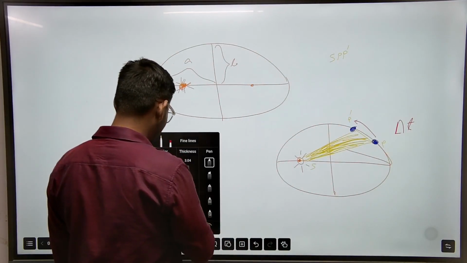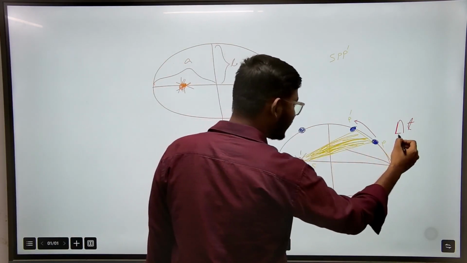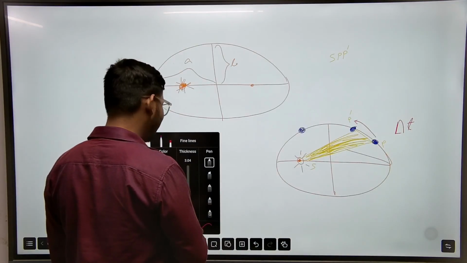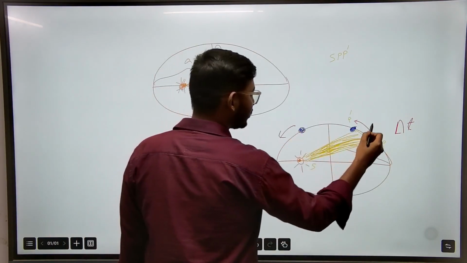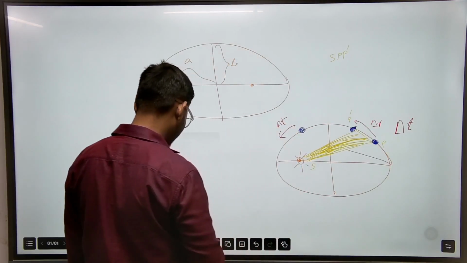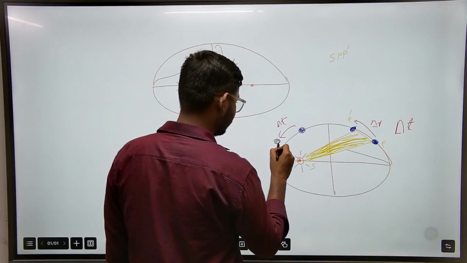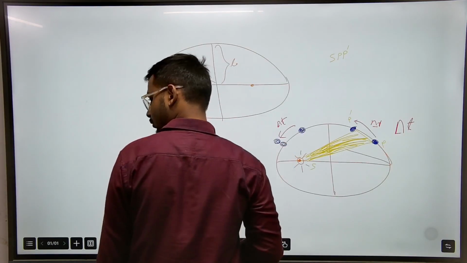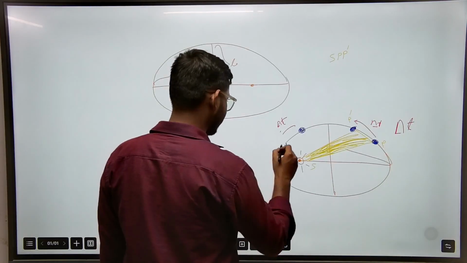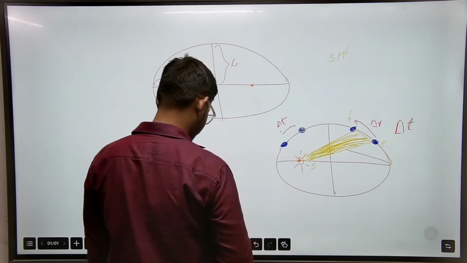Secondly, again, let's say now Earth is here. After some time, that is delta t time, the time interval is same, it has reached this position.